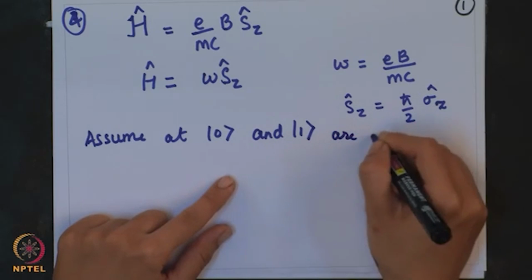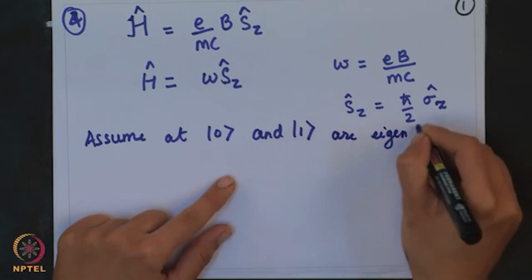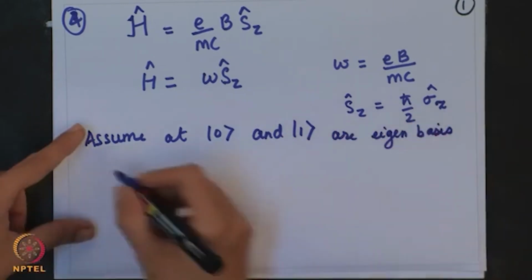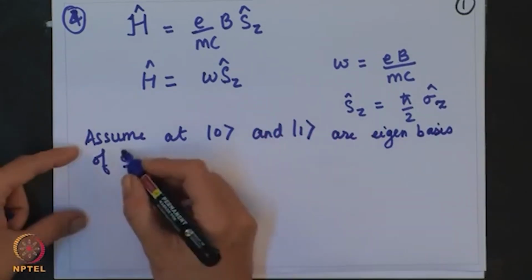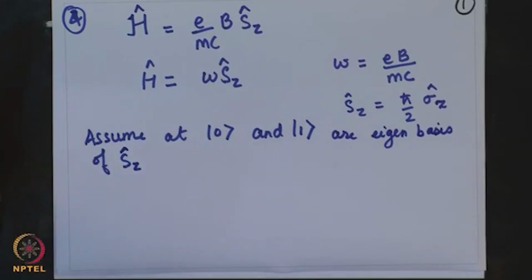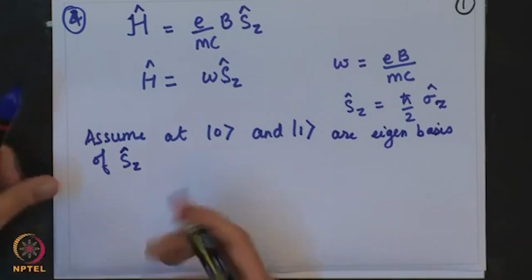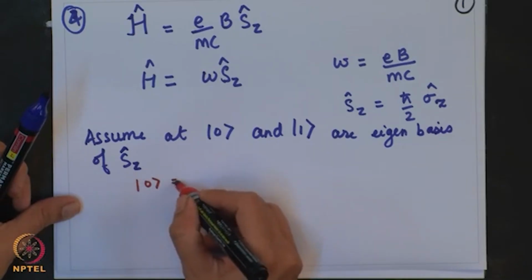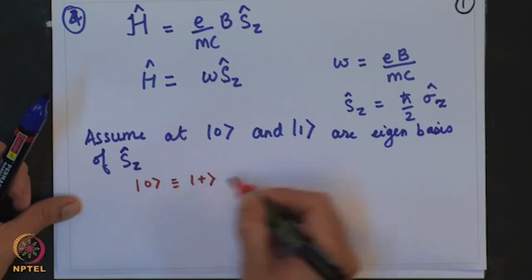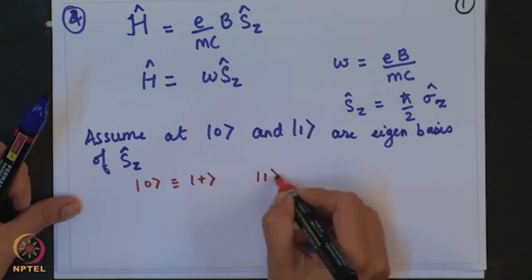Recollect that in the lecture, 0 was denoted as plus and 1 was denoted as minus.